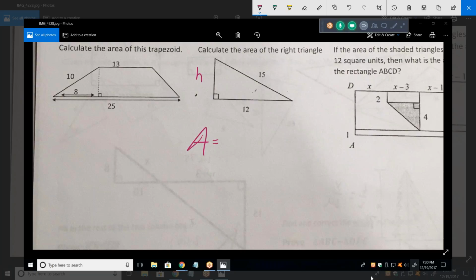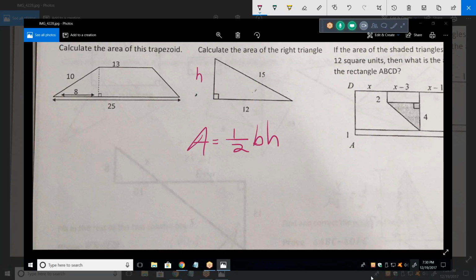If there's any formula you want to memorize so that you don't have to look it up, it's the area of a triangle. It equals 1/2 base times height.